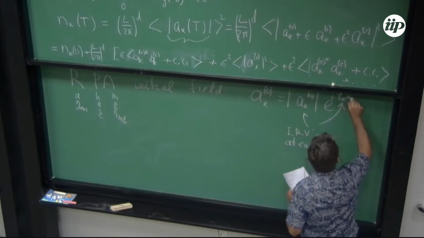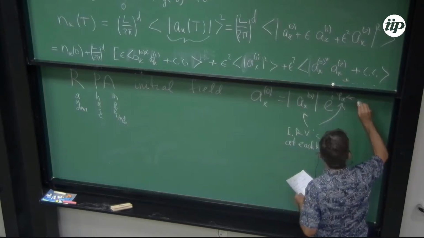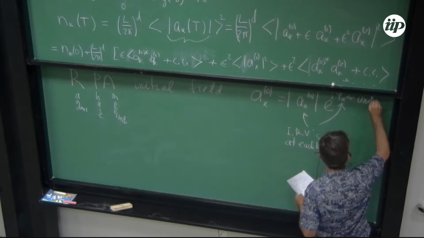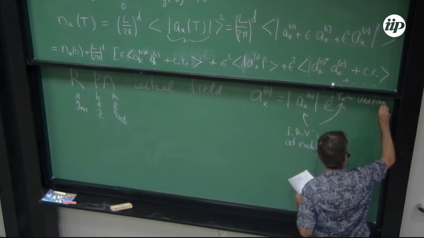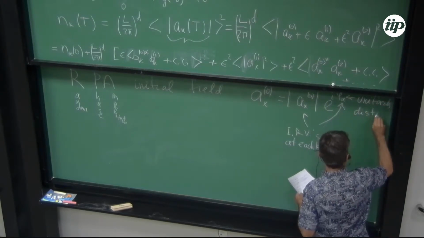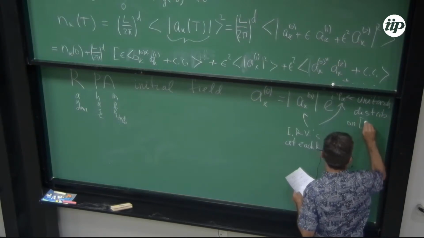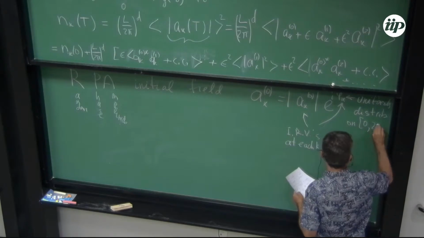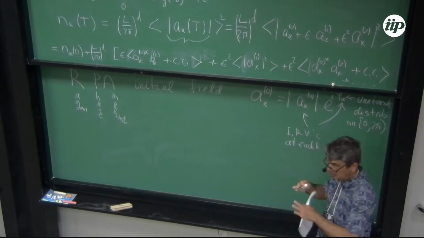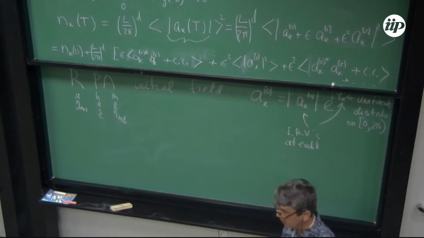Moreover, phi is uniformly distributed, takes any values from 0 to 2 pi equally probable, right?